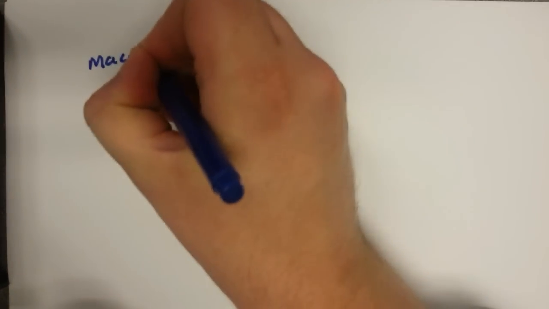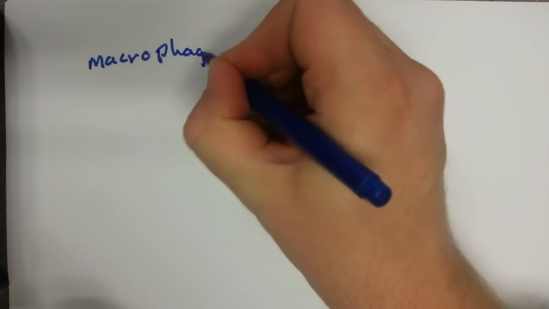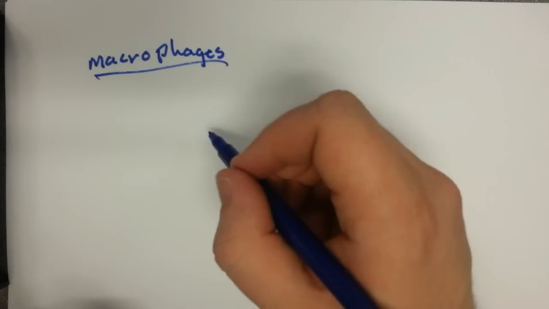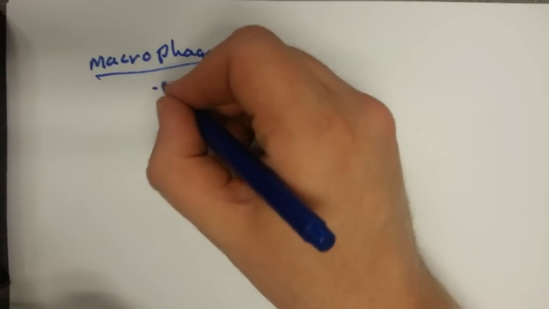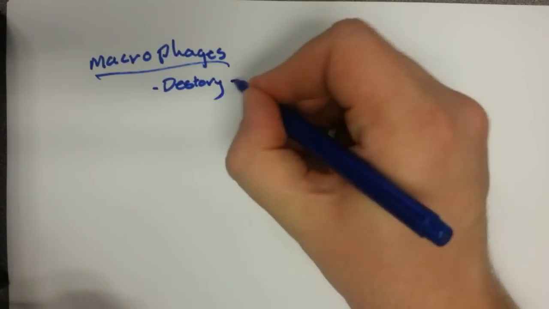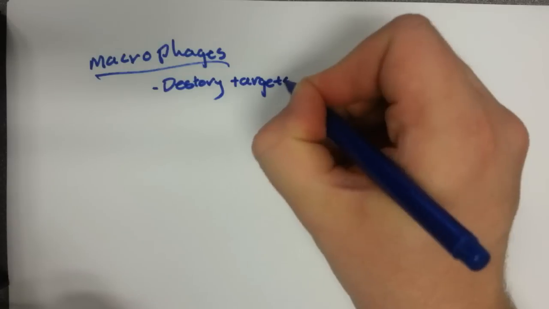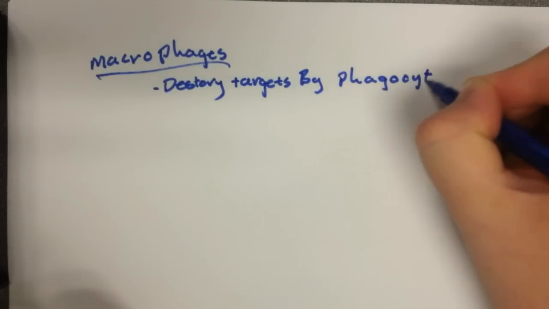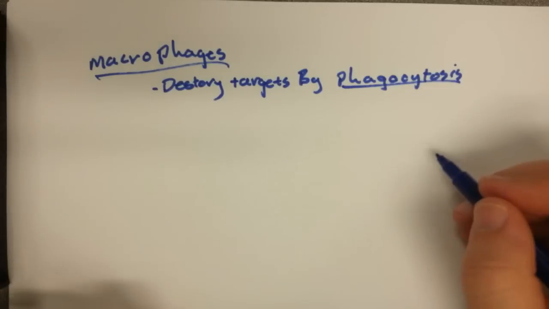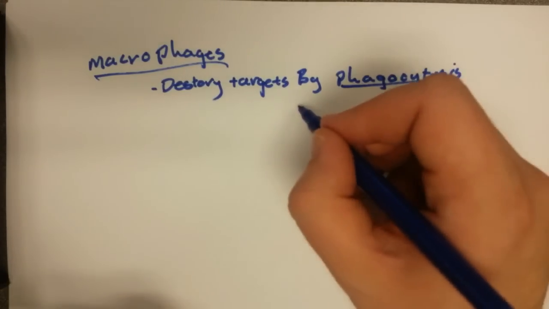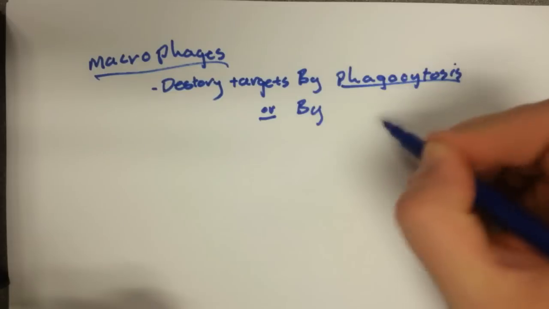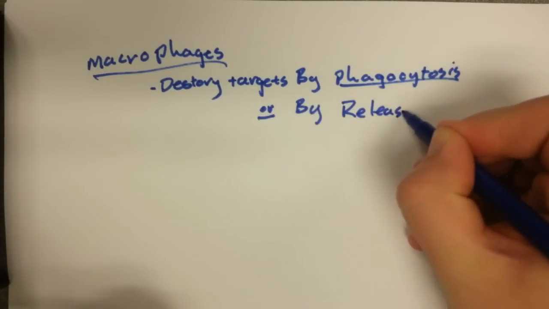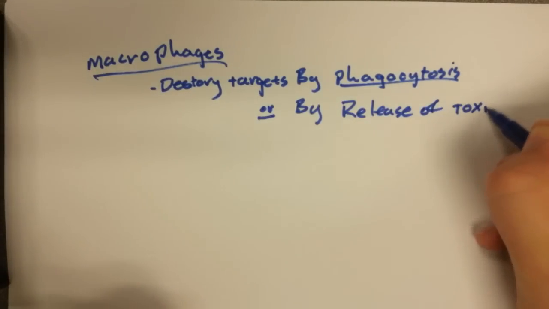The second class of phagocytes is macrophages. So, macrophages, they destroy their targets by phagocytosis, or by release of toxins.